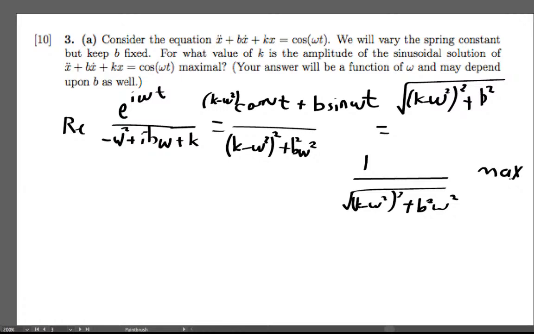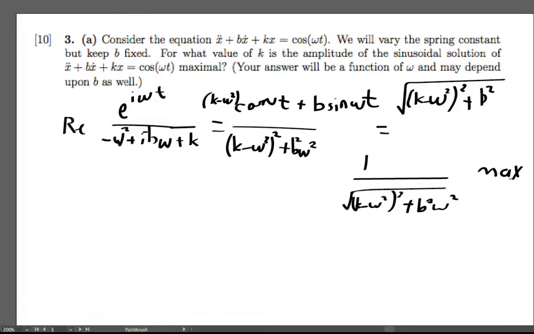Okay, let's try to do that. Half of k minus omega squared plus b squared omega squared to the negative half, multiplied by 2 times k minus omega squared, multiplied by 1, equal to 0.